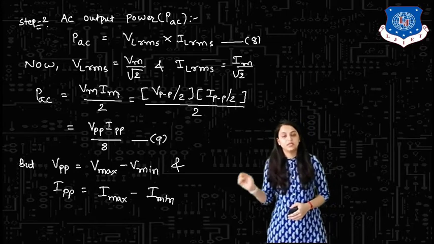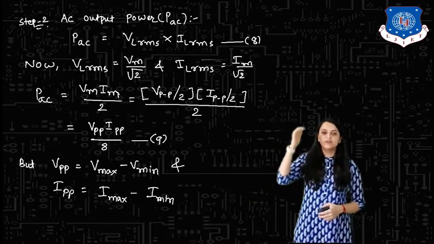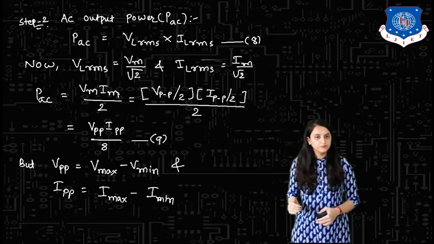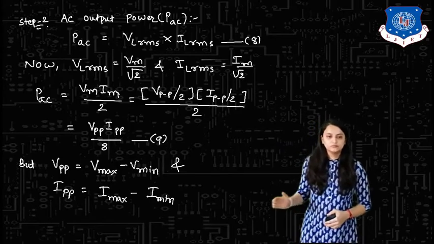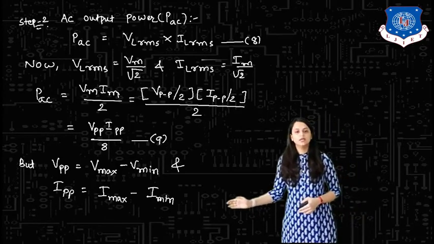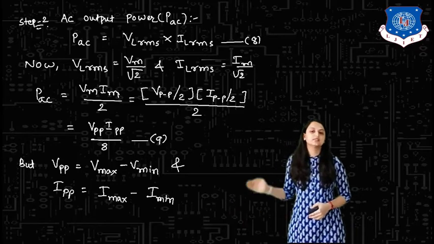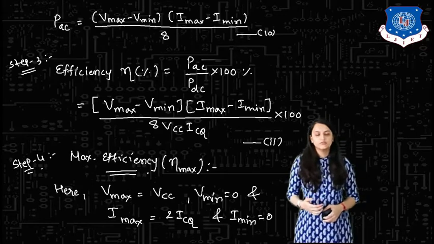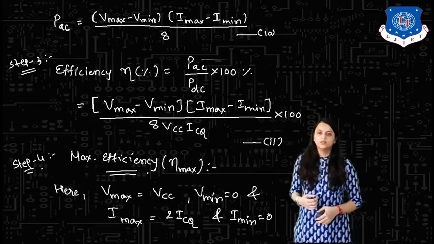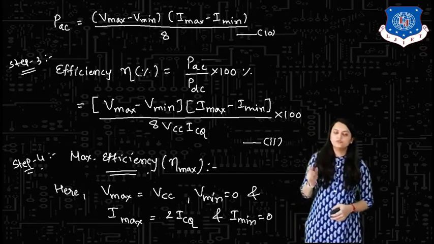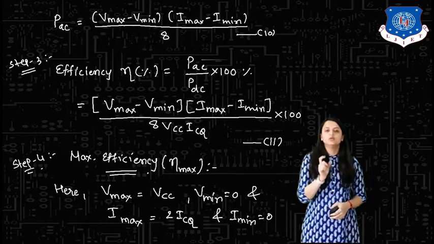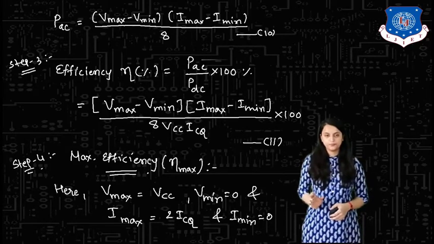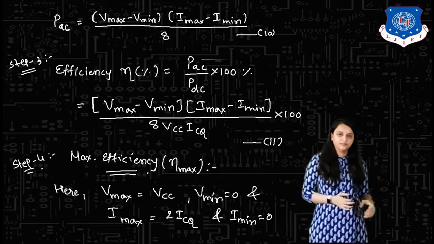Here VPP, the peak to peak voltage value, is given as Vmax minus Vmin. In the same way IPP, the peak to peak current value, is Imax minus Imin. Placing these values in the above equation, we have PAC, the AC power, equals Vmax minus Vmin into Imax minus Imin by 8. We call it equation number 10.